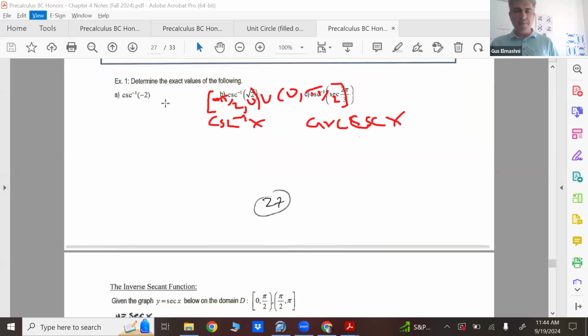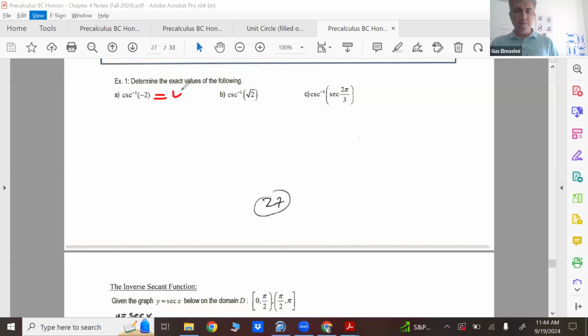Here's how you want to think of it. Set this equal to theta. So then cosecant theta equals -2, or sine theta.